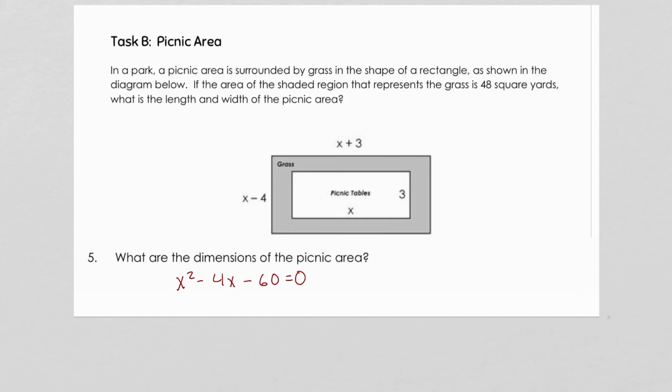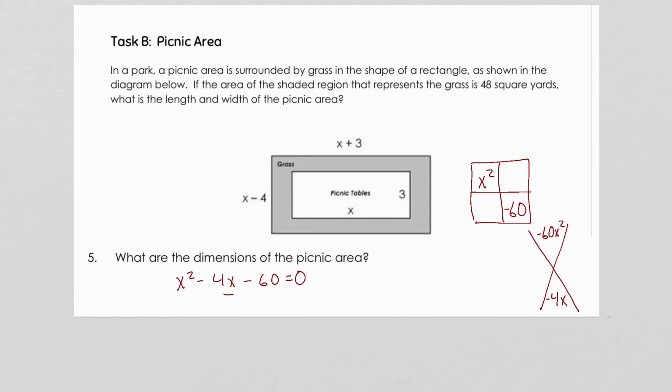So let's try it. If we make our area model, put the x squared here, put the negative 60 here. This one's looking very familiar. So if I multiply the first term and the last term together, I get negative 60x squared. And down here I put my middle term, which is negative 4x.